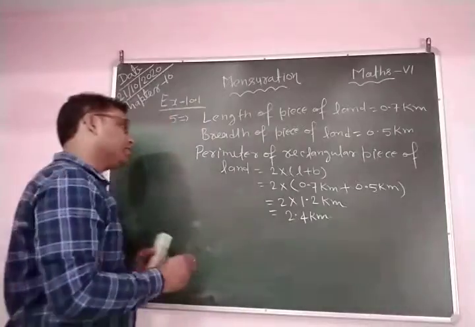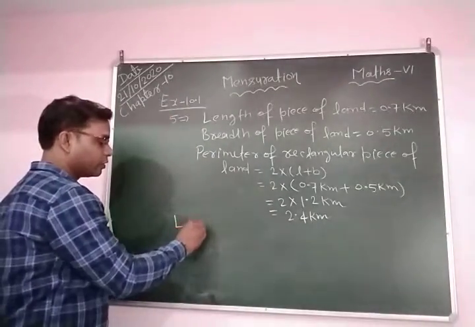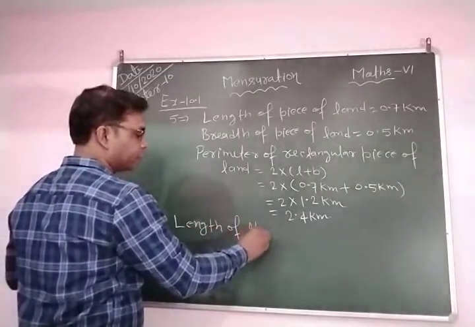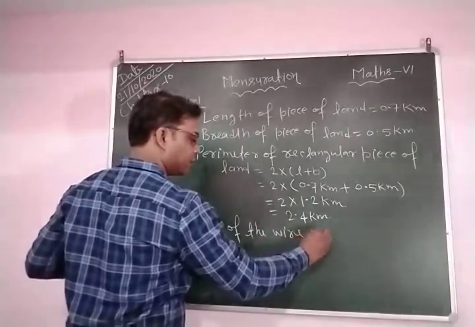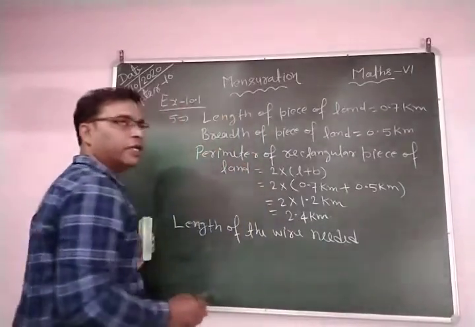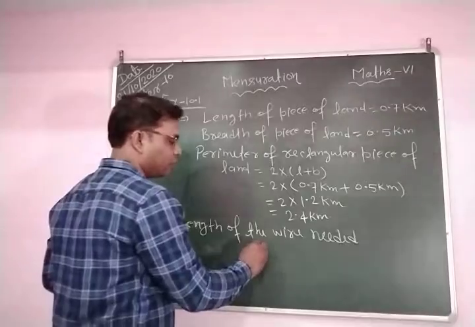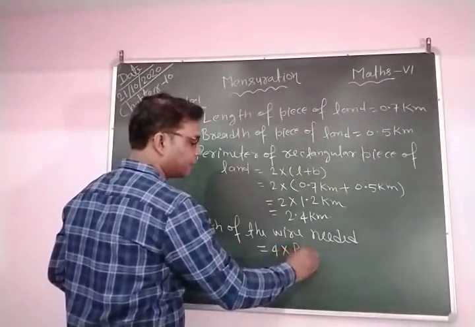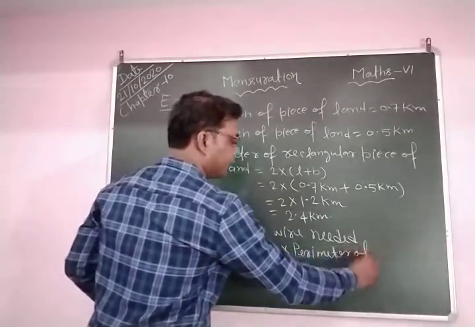So here you can write length of the wire needed is equal to 4 into perimeter of land.